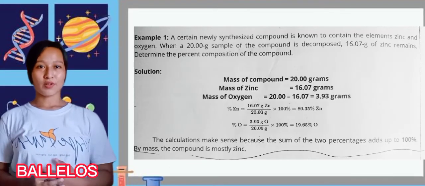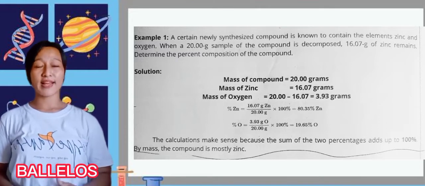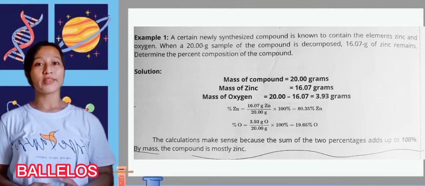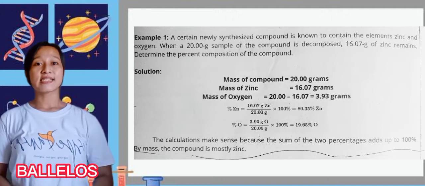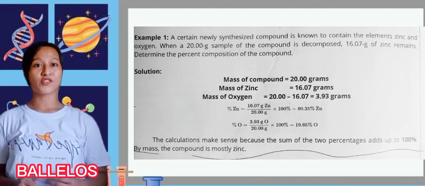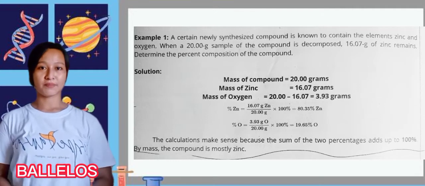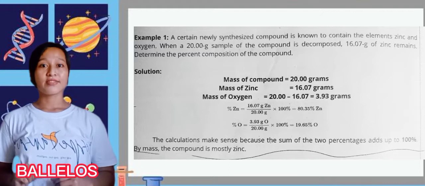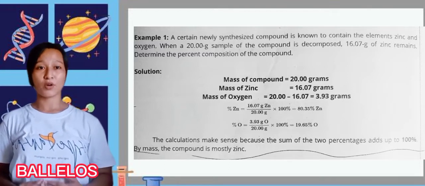For example, a certain newly synthesized compound is known to contain the elements zinc and oxygen. When a 20 gram sample of the compound is decomposed, 16.7 grams of zinc remains. So this is the solution. Mass of compound is equal to 20 grams, then mass of zinc is equal to 16.7 grams.